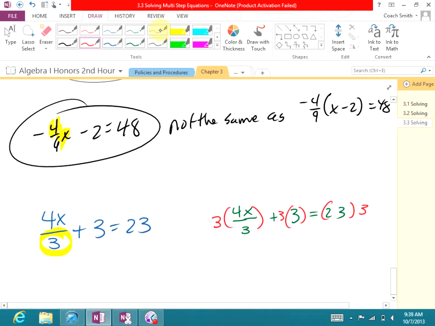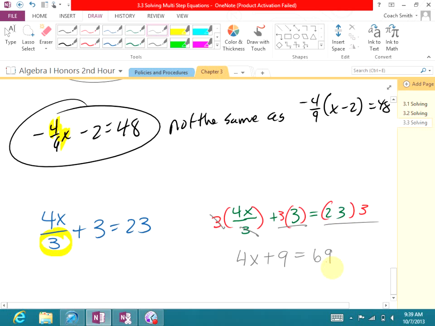Okay? The reason I do that is because I can cross-cancel those two 3's, leaving me with 4x plus, what is 3 times 3? 9. What is 23 times 3? 69. So there's your new equation.